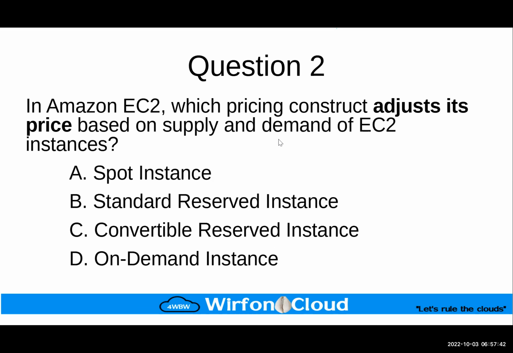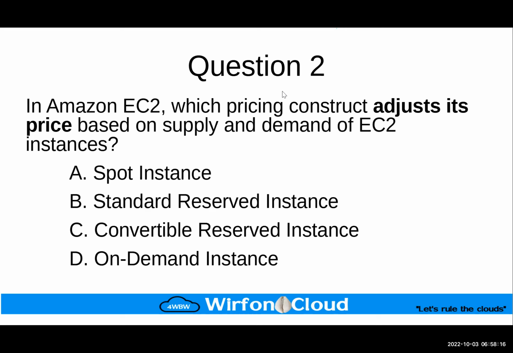In Amazon EC2, which pricing construct adjusts its price based on supply and demand of EC2 instances? I think it's A. Okay, someone says A. Are there answers in the chat?